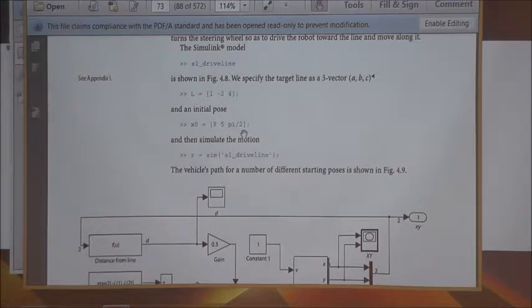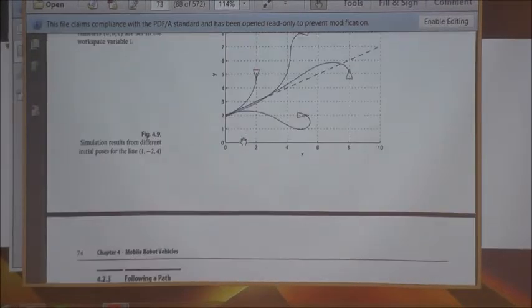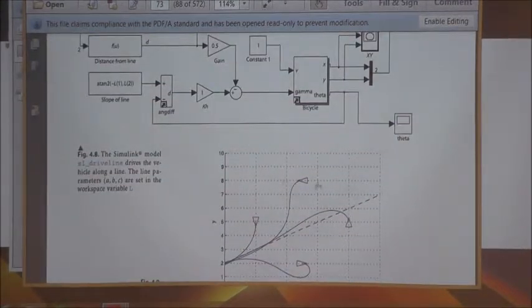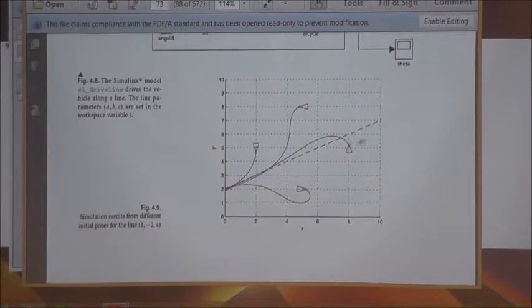The initial pose was located at 8 and 5 with an angle of 90 degrees with respect to the x-axis. Then you simulate it, call it r, simulate as 1 underscore derived line. And then you plot it, x versus y, and you get this, for 4 different initial poses. Okay?